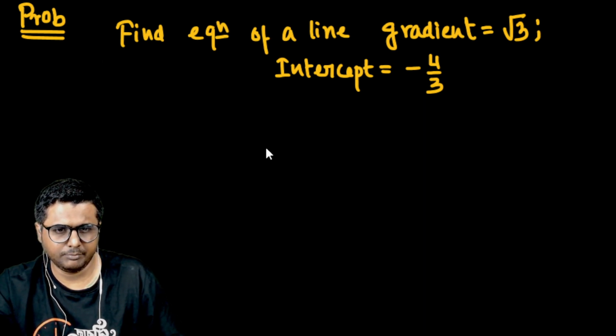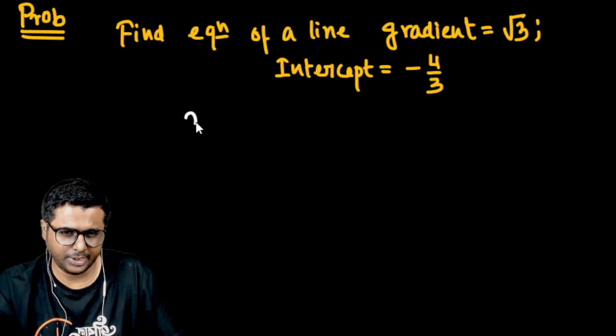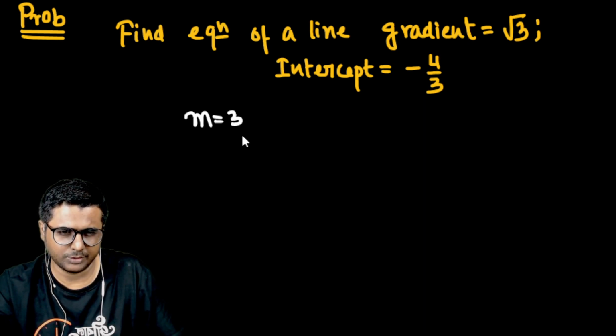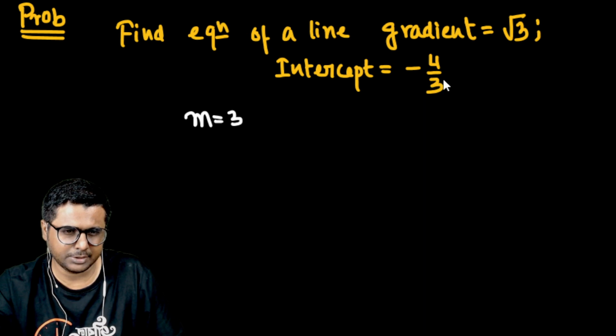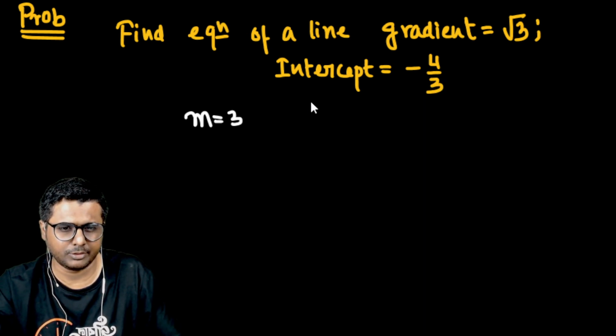So in this problem it has been said the gradient is root 3. So I can write m is equal to root 3, a very easy problem. The intercept is minus 4 by 3. When nothing is said about the intercept, then you have to take that it is the y intercept, minus 4 by 3.